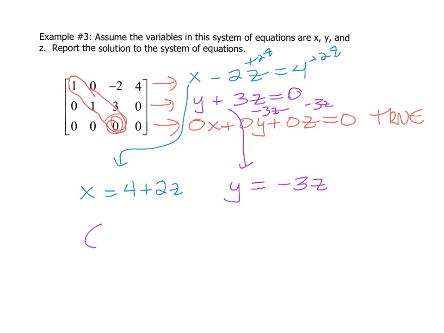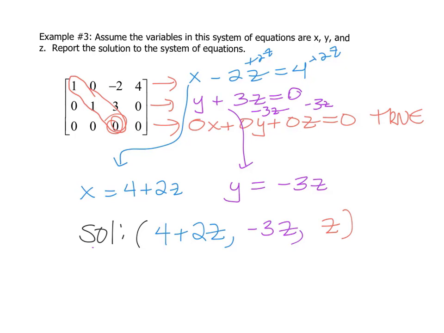And so I could say that my solution to my system of equations is going to be points that are of the form (4 plus 2z, negative 3z, z). Any x, y, and z value that solves all three of our equations has to have this form. And we could choose different values for z and then come up with different values for x and y. So we have infinitely many solutions here.